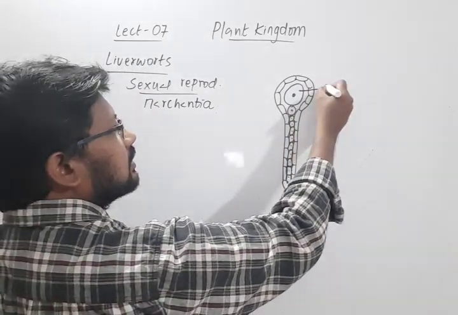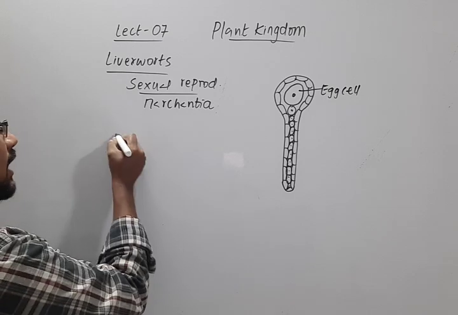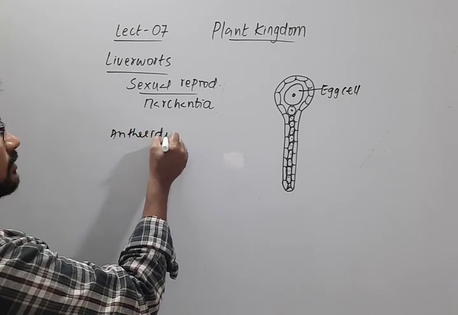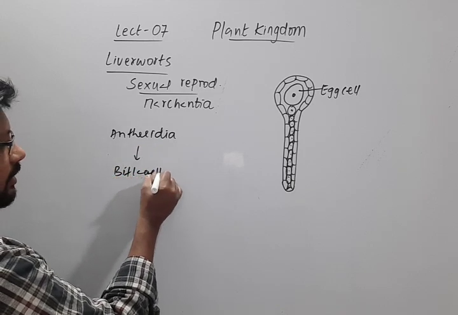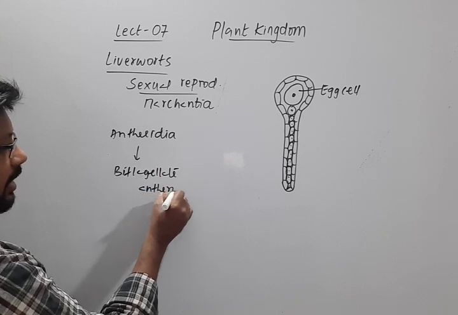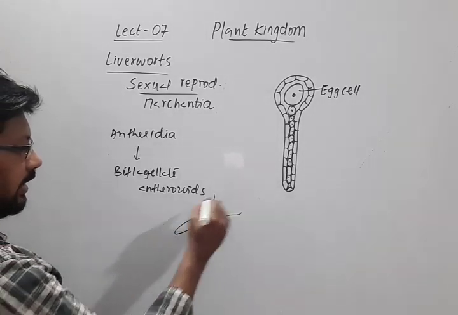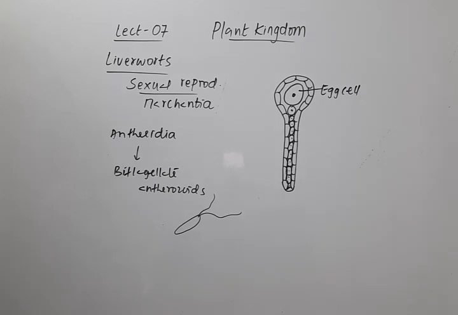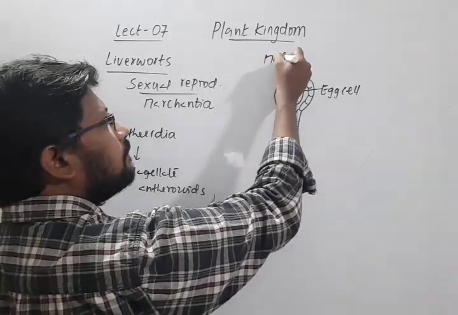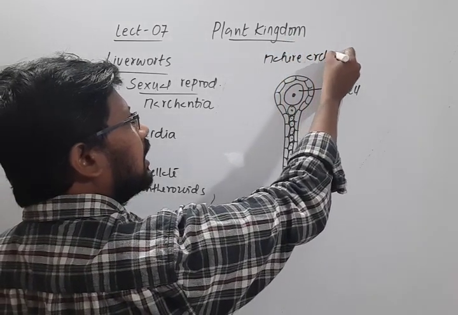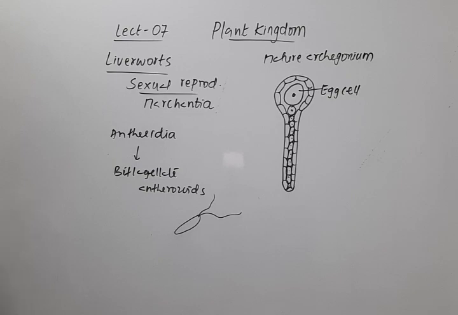This is the egg cell, and the antheridia release biflagellate antherozoids. So this is a biflagellate antherozoid, and this is a mature archegonium.